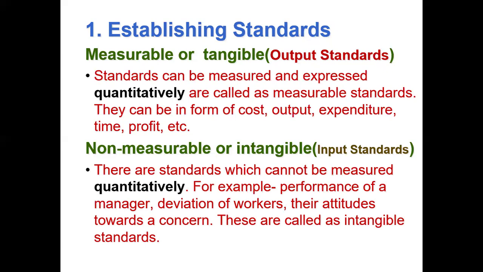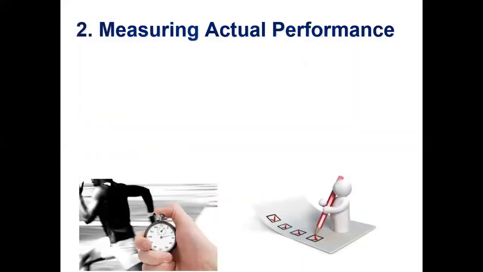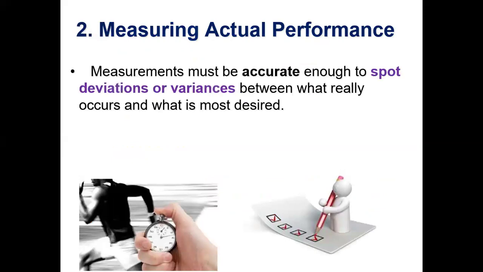So here, the performance of a manager and similarly the performance of the worker can be put as good, very good, very high, or satisfactory, something like that. Those are some standard measures. Then, measuring the actual performance: how do you measure it?